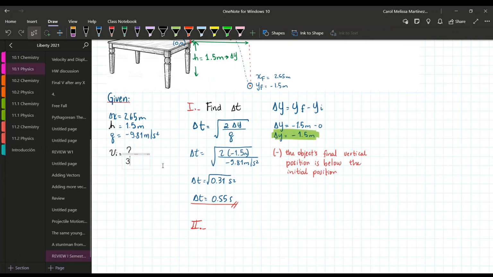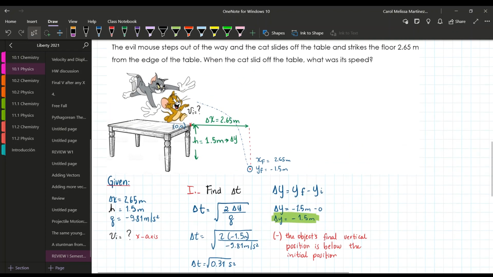The reason is that in this point the cat is not moving vertically, he is just moving horizontally, only in the x-axis. That's why here the initial velocity is just in the x-axis.